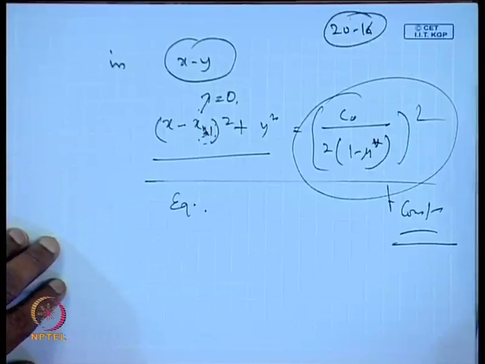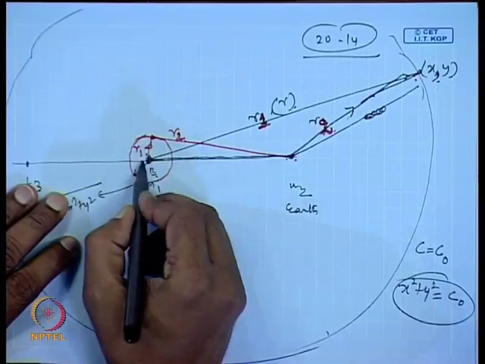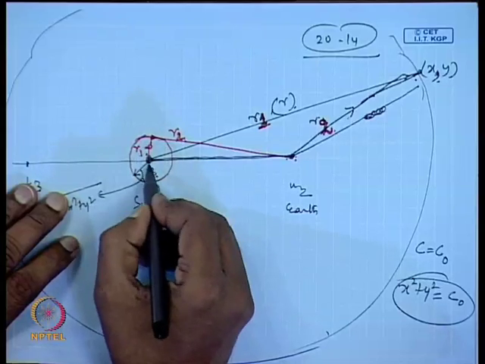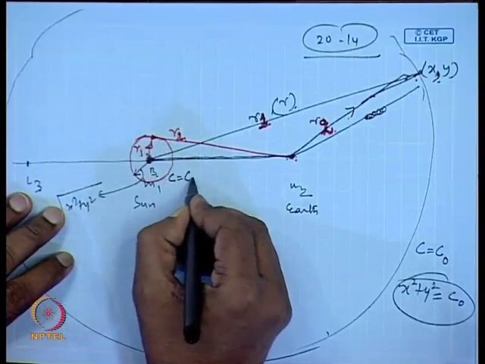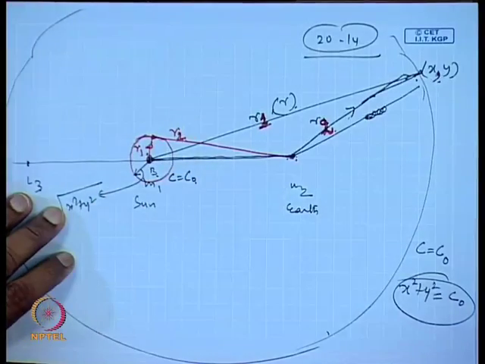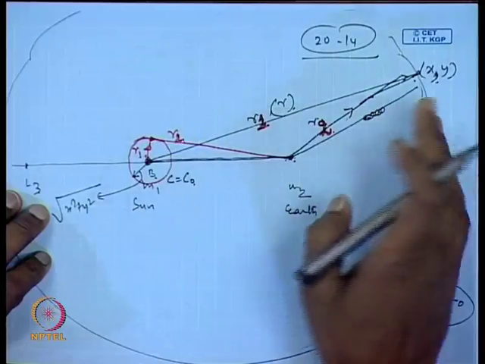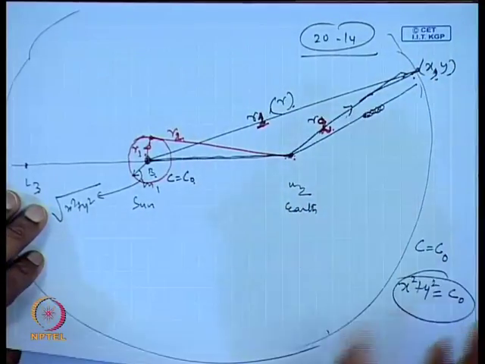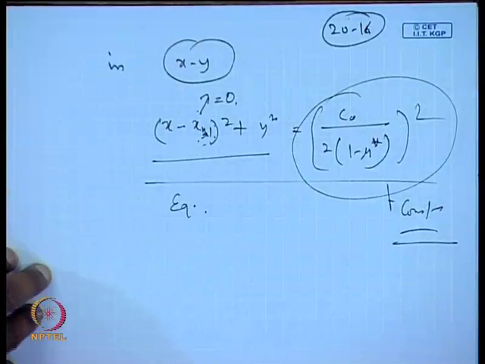So, for small values of the radius, that is around the point B, you will find that this C equal to C 0 will be describing a circle, and also for very large values of R 1 it will be almost a circle, but for intermediate values it will turn out to be an oblate.